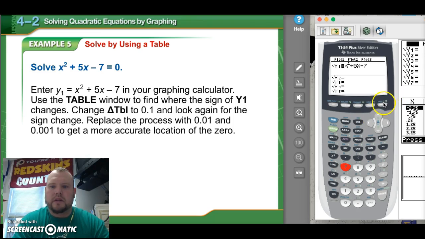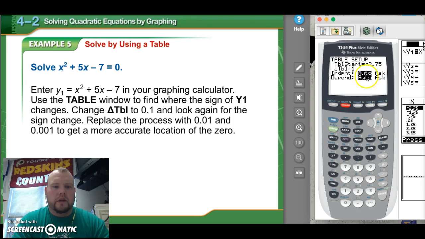So to get to the table, we need to change delta table to 0.1. The way you change your delta table is you go to second window. We need to go to delta table and do 0.1.